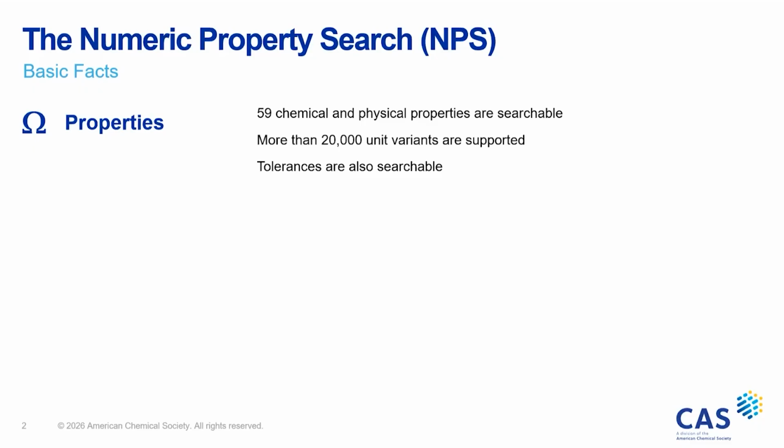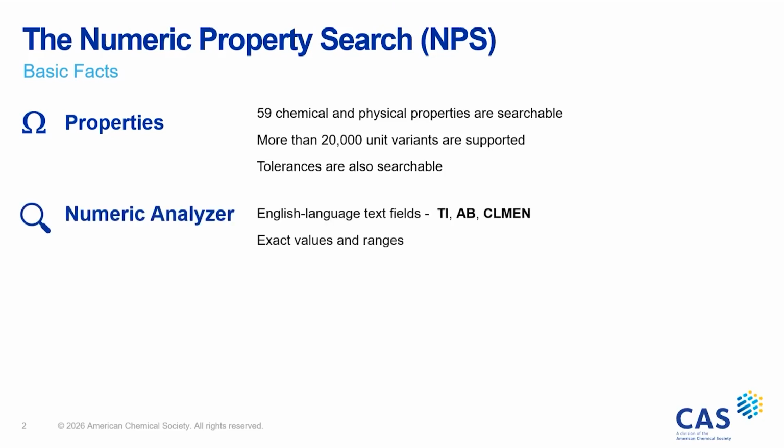Before we dive into interactions and examples with CAS Newton, a brief explanation again of what the NPS actually is, some basic facts. In the latest version, it has around 60 chemical and physical properties which are searchable with this method, which then translates into a lot of unit variants which are supported. Also, you can search for absolute or relative tolerances for specific values that you put in.